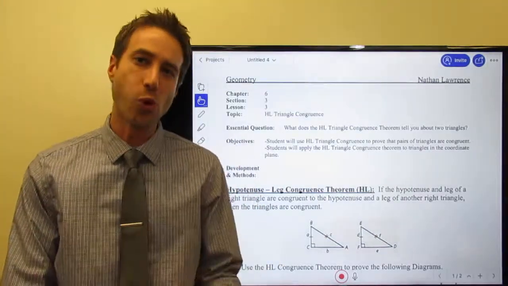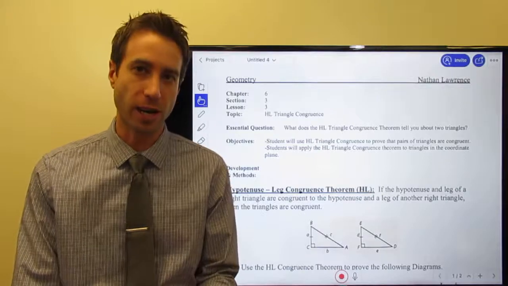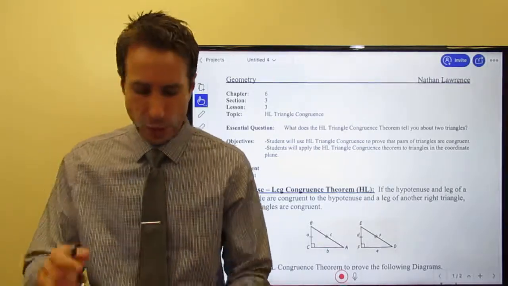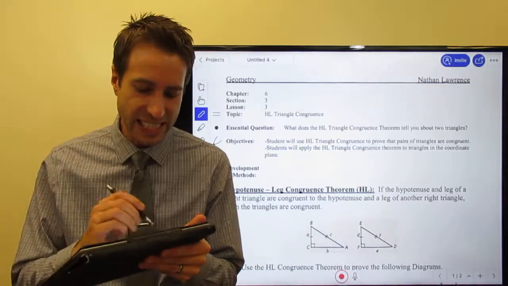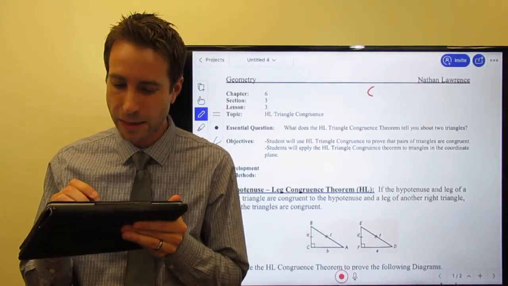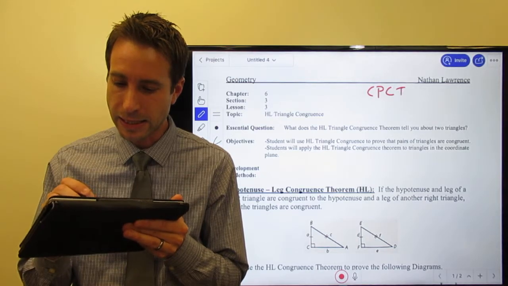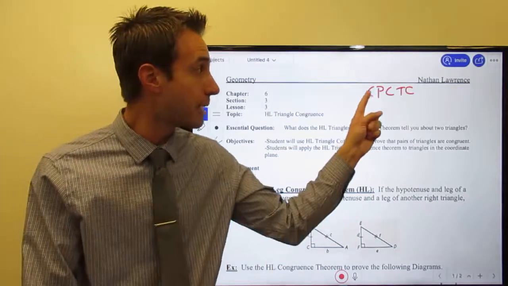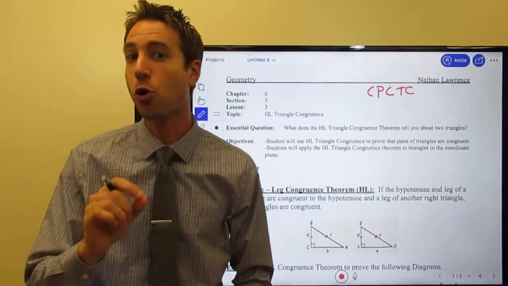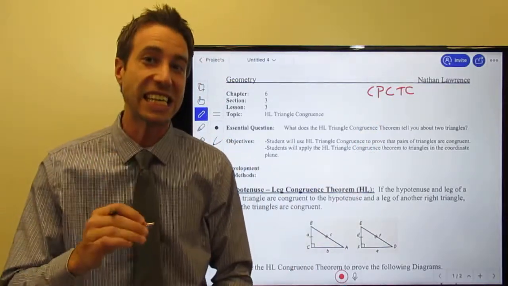What we're doing is we're working our way through some shortcuts for proving the congruence of triangles. We started off this whole idea of proving triangles congruent with this theorem, CPCTC: corresponding parts of congruent triangles are congruent. But that required us to prove 6 things.